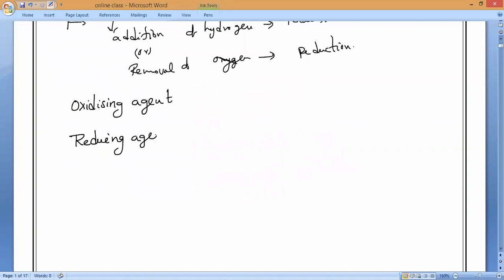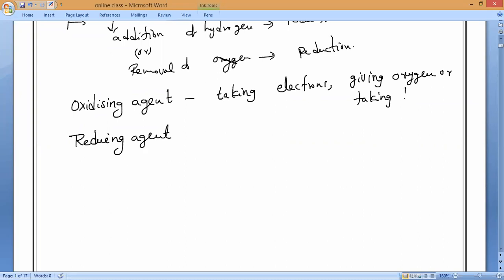Oxidizing agent means it oxidizes another substance by taking electrons, or by giving oxygen, or by taking hydrogen. In these 3 ways, whichever happens, we call it an oxidizing agent.